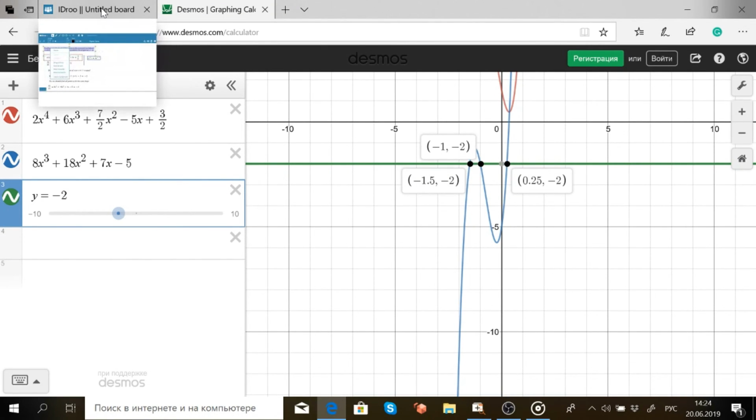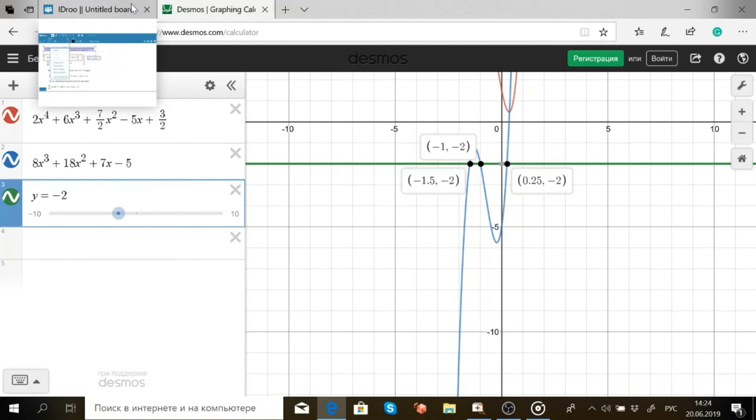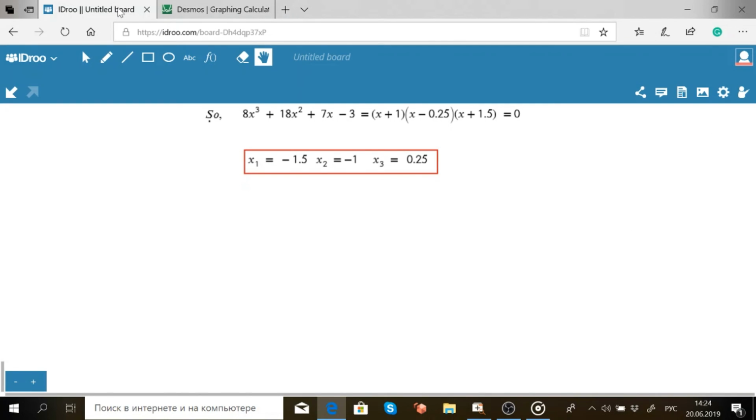So, tangent lines to the initial red function have the same slope at these points. So, we solved the problem correctly. There are two other points, with x equals negative 1.5 and x equals 1/4, where the tangent lines have the same slope, and all three lines are parallel to each other.